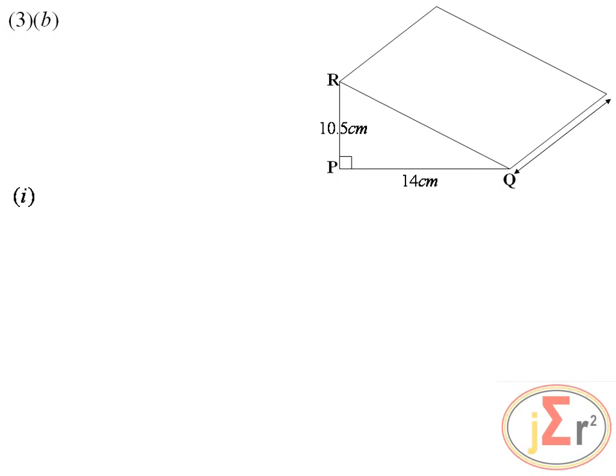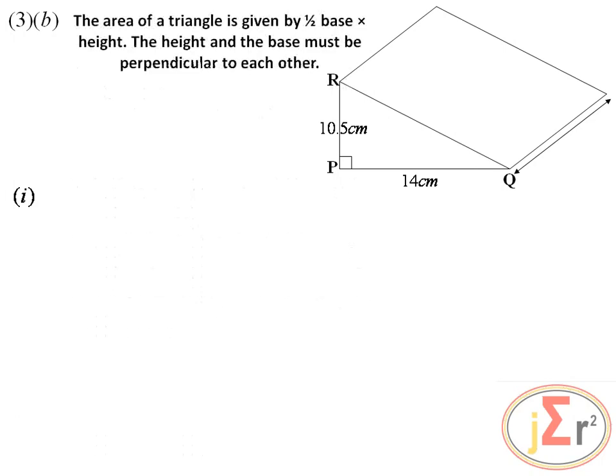Here we have a triangular prism with cross-section equal to a right-angled triangle. The area of a triangle is given by half base times height. We are required to find the area of the cross-section. The height and base must be perpendicular to each other.